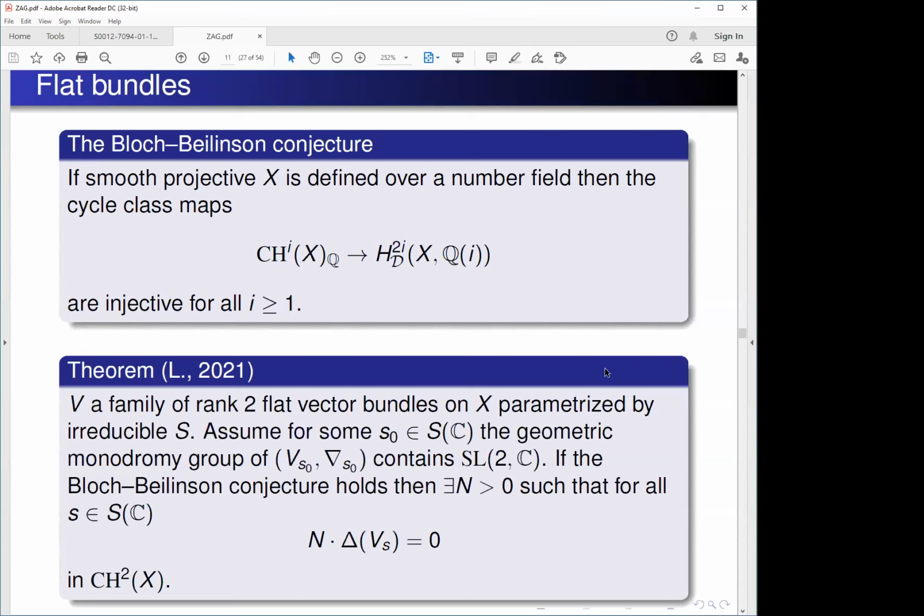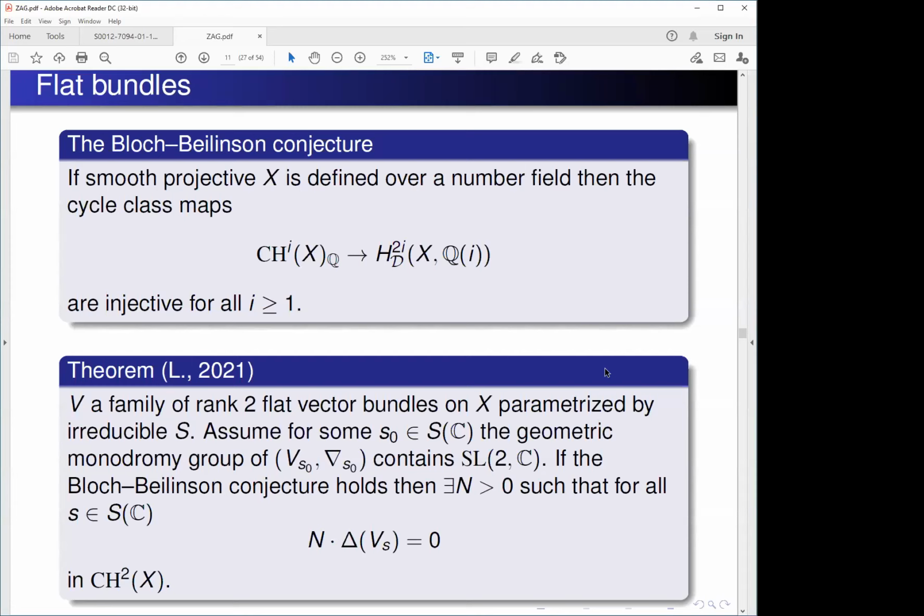Yes, and then the conclusion is, assuming Bloch-Beilinson, then you obtain the cycle here even on a fiber which is not defined over a number field. Yes. So here I didn't assume that X is defined over a number field. X is any variety, but Bloch-Beilinson is somehow needed. Actually I don't need the full strength of Bloch-Beilinson. I need it only for some Shimura varieties.